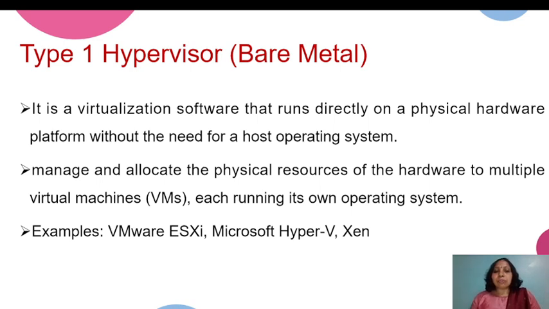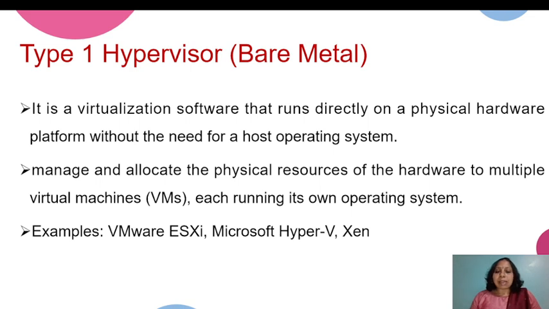Now, there are two different types of hypervisor, which we basically call type 1 and type 2 hypervisors. Now, in type 1 hypervisor, the virtualization software runs directly on a physical hardware platform without the need of a host operating system. The host operating system is the one which resides on the physical machine, and the guest OS is the one that comes with the VM.